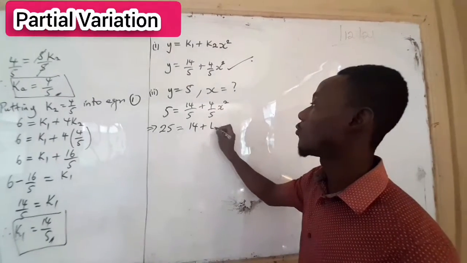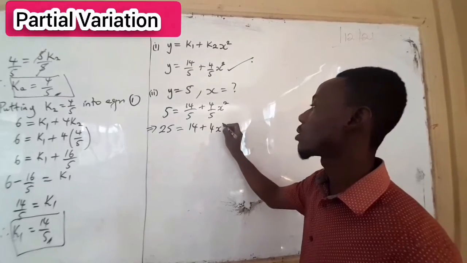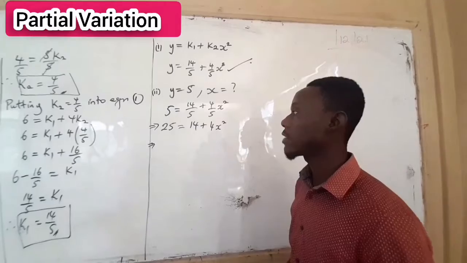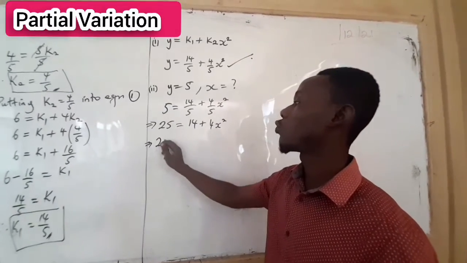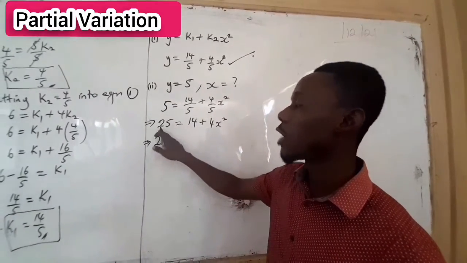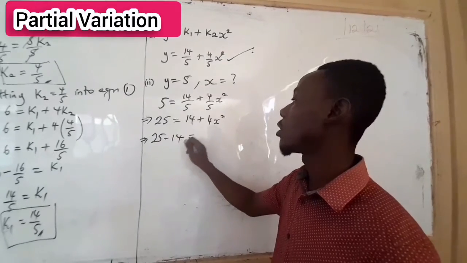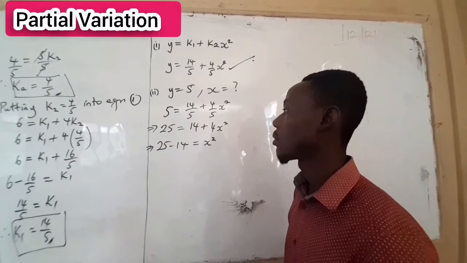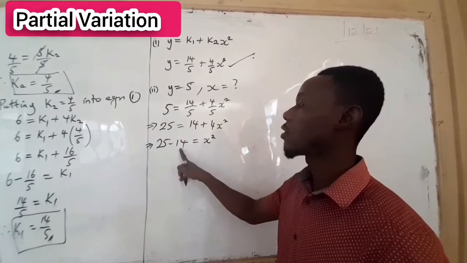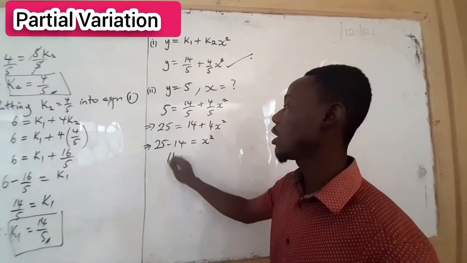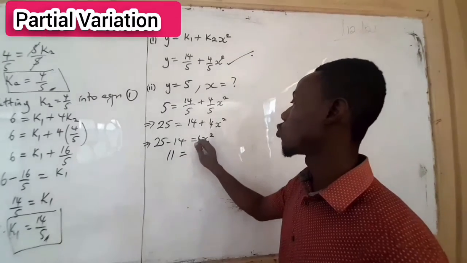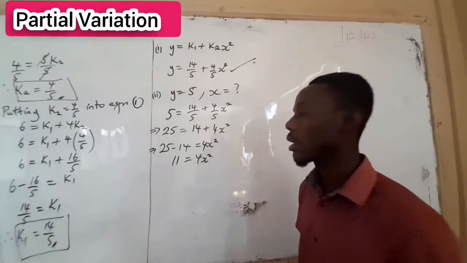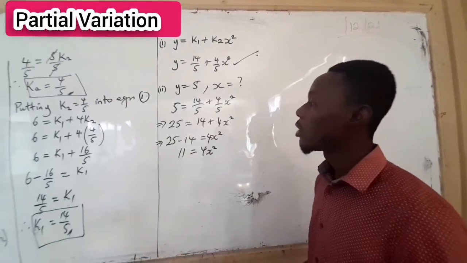Left with what? 4, then x y squared. We group what? Like terms. You have 25, then 14 we move here. We have negative 14 equal to x squared. When we subtract 14 from this, we get what? 11. Then 11 equal to x squared.